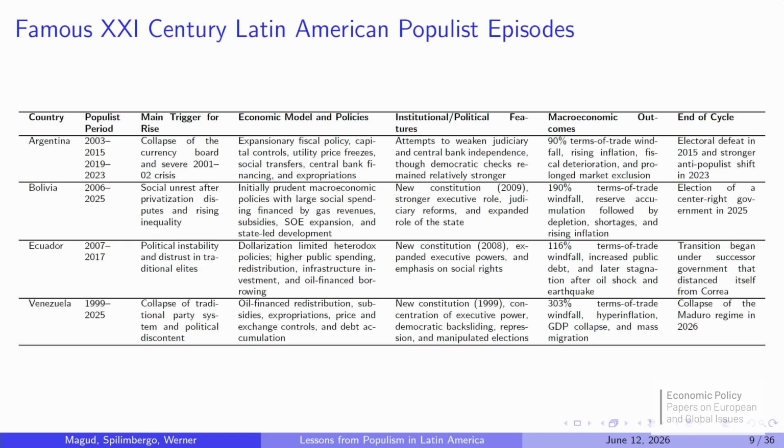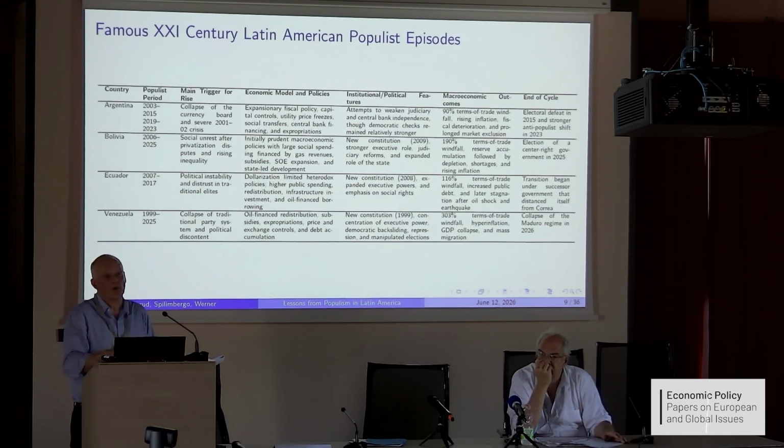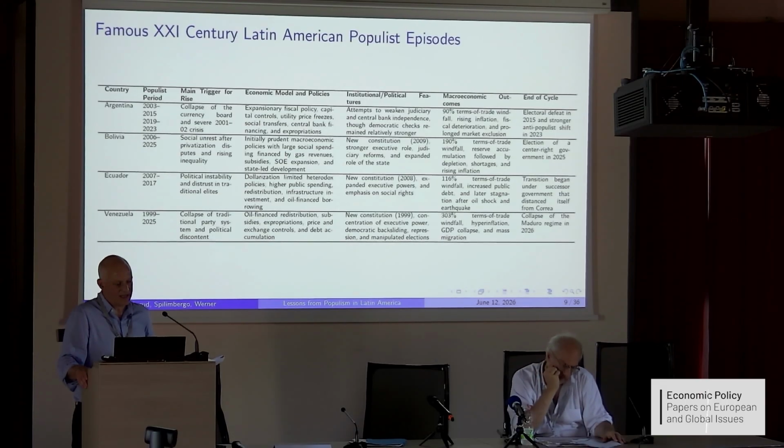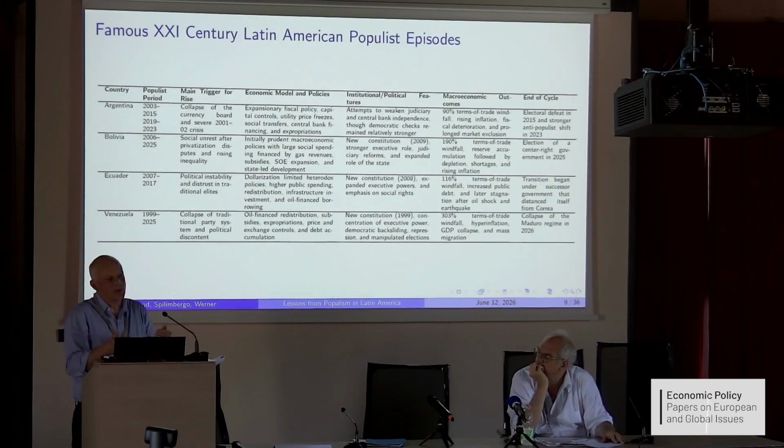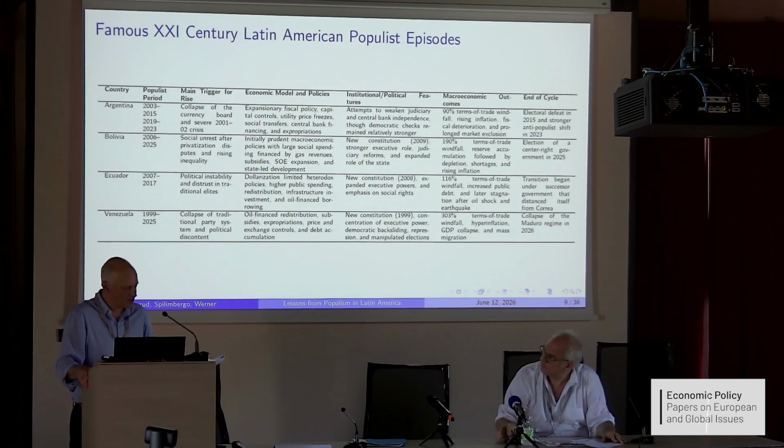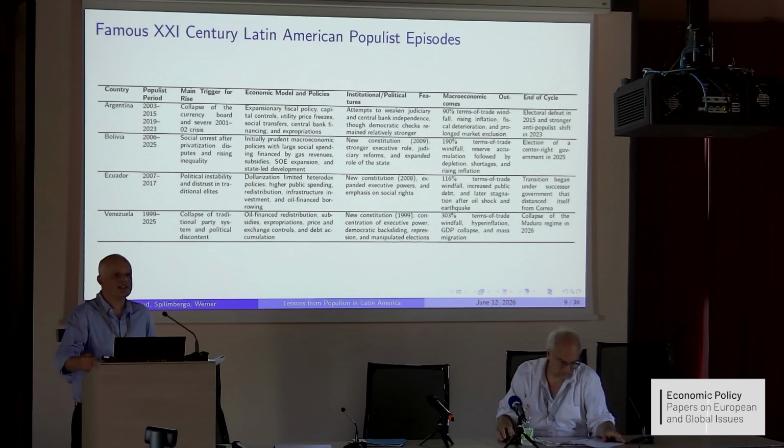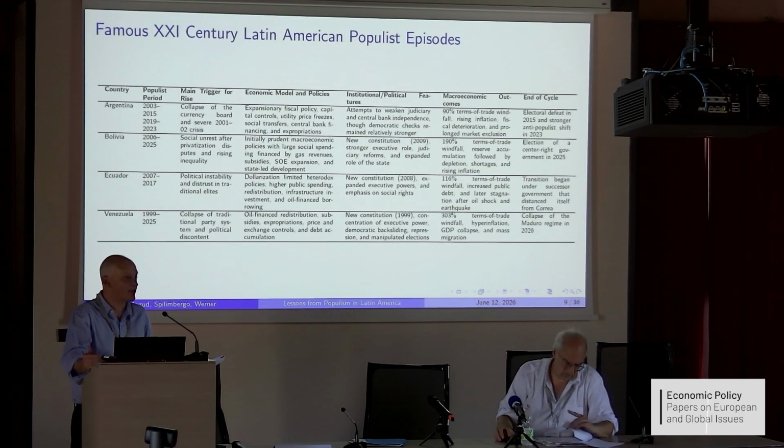In some cases, they significantly weakened the judicial system, therefore consolidating power under the populist leader. So the democratic backsliding process was, I would say, a feature rather than a bug of these regimes. All of these countries ended up having to restructure their sovereign debt, or some of them are still in default.